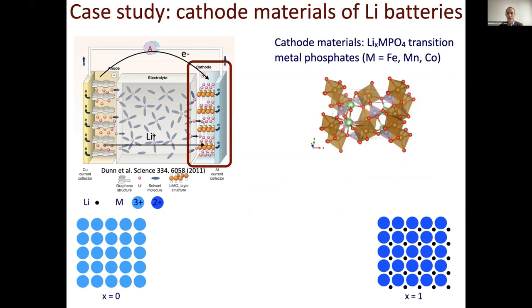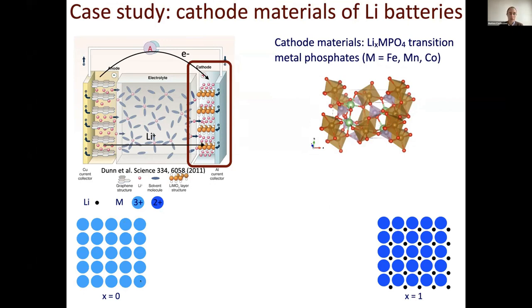Now let's study this using a simple cartoon where we only have transition metals represented by these bigger balls whose color indicates the valence state. Basically, lighter blue is for 3+ states and darker blue is for 2+, while lithium is represented by the small dots.